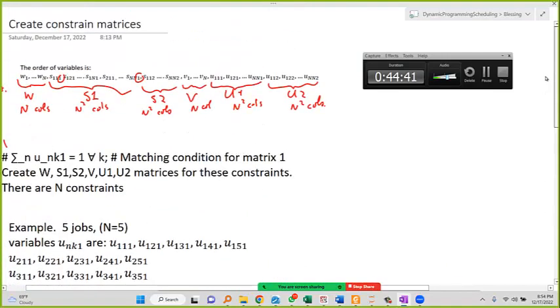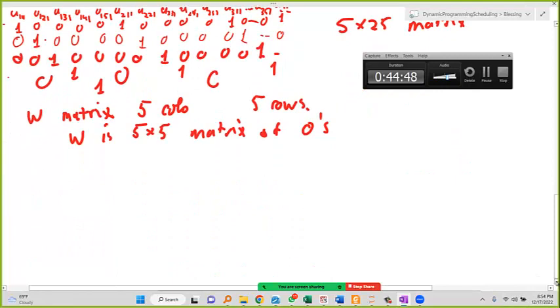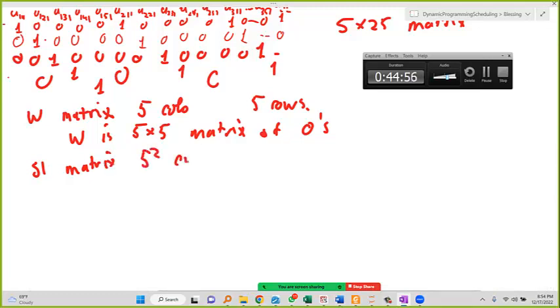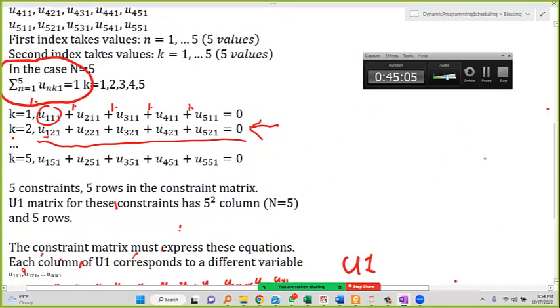S1 has n squared columns. How many S's do you see in the constraints? And we still have 5 rows. Remember, we're still looking at this set of constraints.